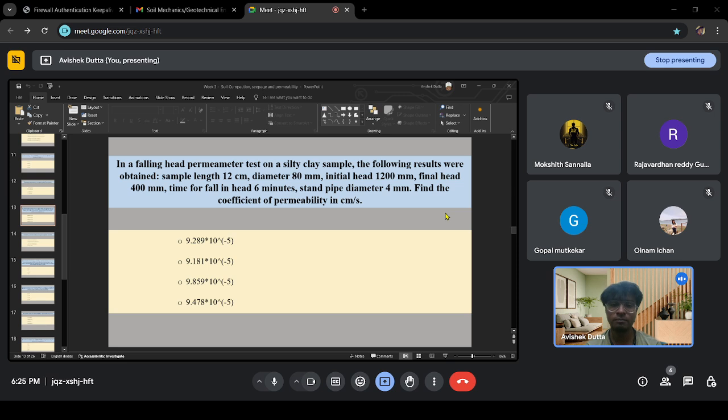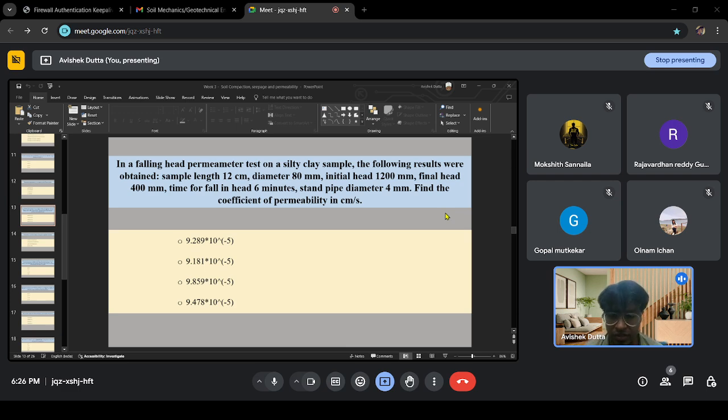I'll repeat the question. In a falling head permeability test on a silty clay sample, the following results were obtained. Sample length 12 centimeter, diameter 80 millimeter, initial head 1200 millimeter, final head 400 millimeter, time for falling head 6 minutes, standpipe diameter 4 millimeter.